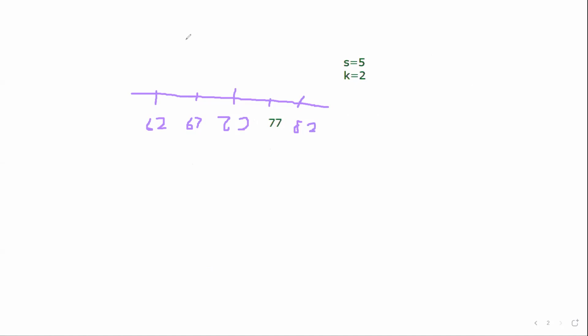The one I told you we would get to. Chebyshev's theorem gives me this: 1 minus 1 over K squared, where K is 2 now, right?